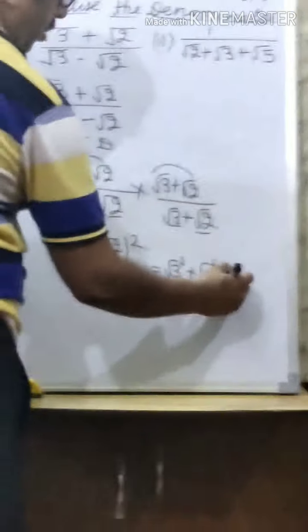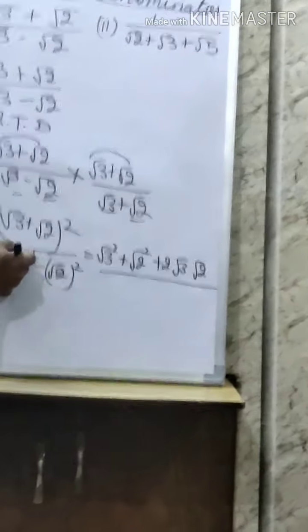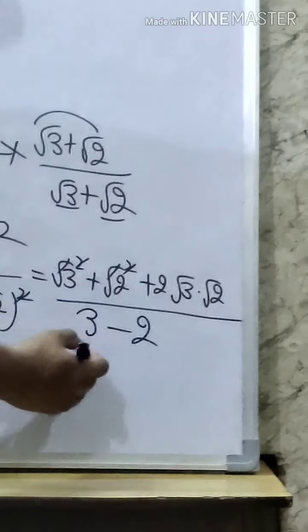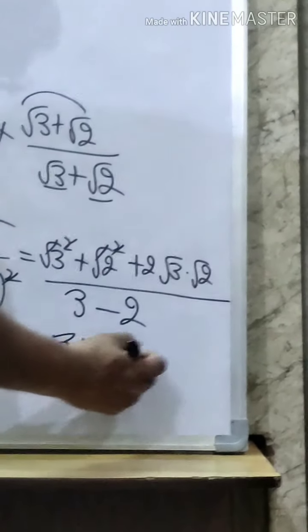So what you will do? You can see a plus b whole square, very simple, you know: a square plus b square plus 2ab. The square root cancels, so 3 plus 2.